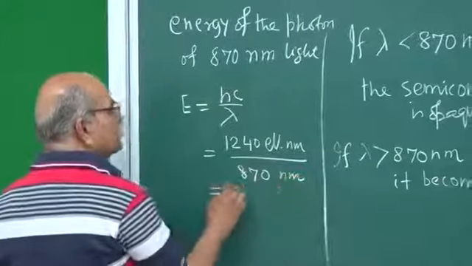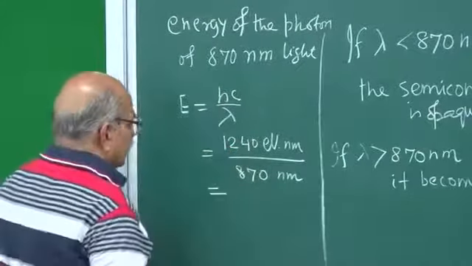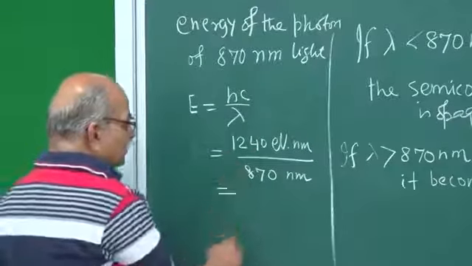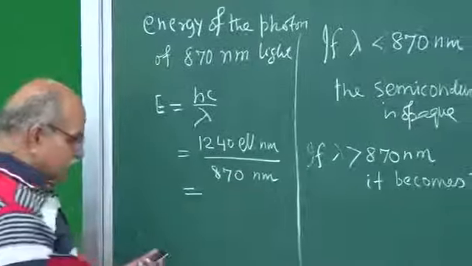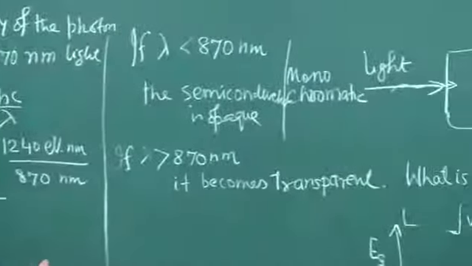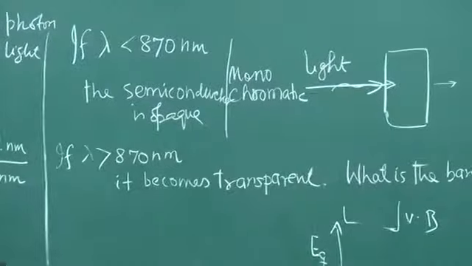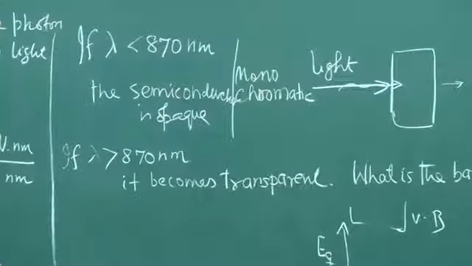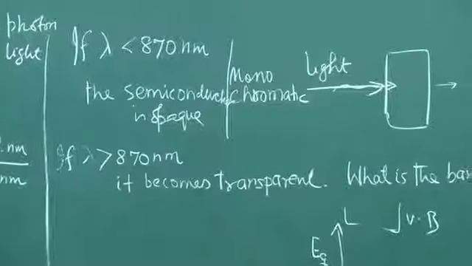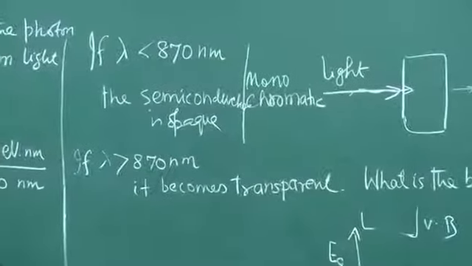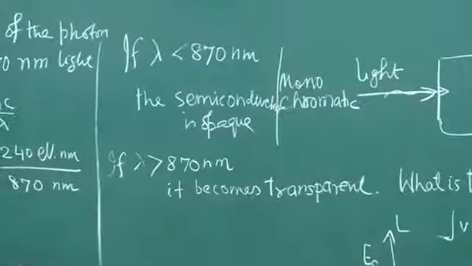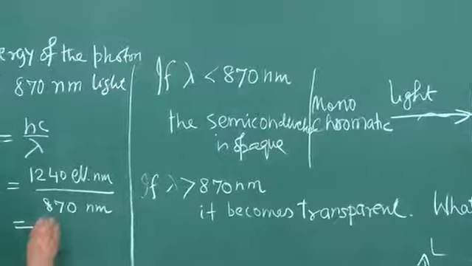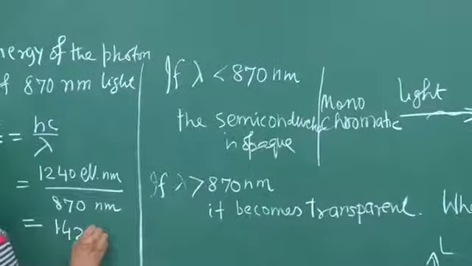So, you can work out how much this energy is. 1240 divided by 870. So, let me calculate. This is 124 divided by 87, and this is 1.42, almost 1.42 eV.